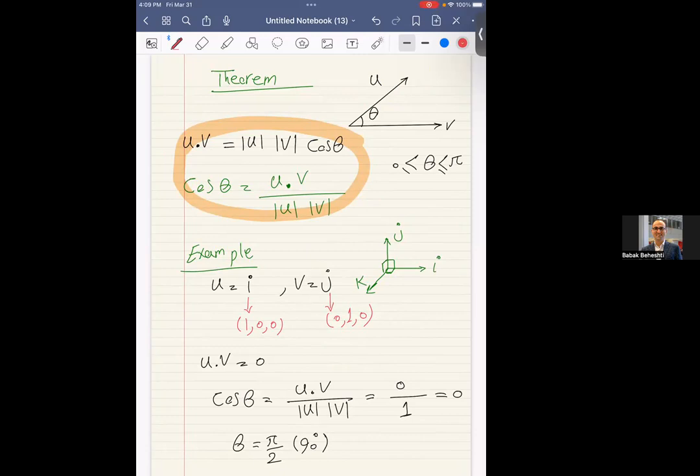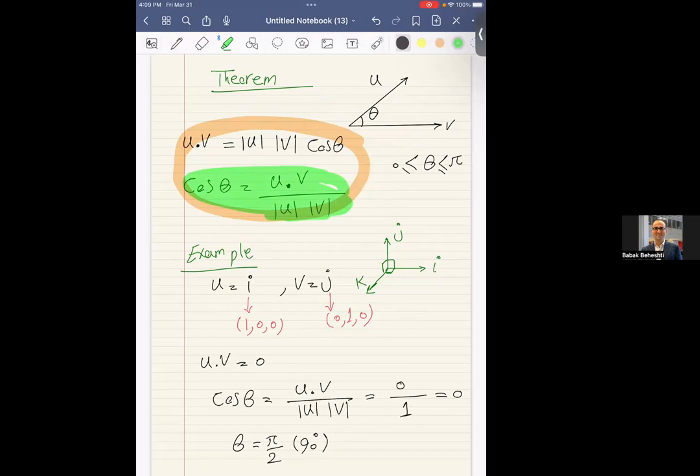By this formula, the cosine of theta, where theta is the angle between u and v, is given by u dot v divided by the absolute value of u times the absolute value of v. Absolute value means magnitude, so I mean the magnitude of each of them.